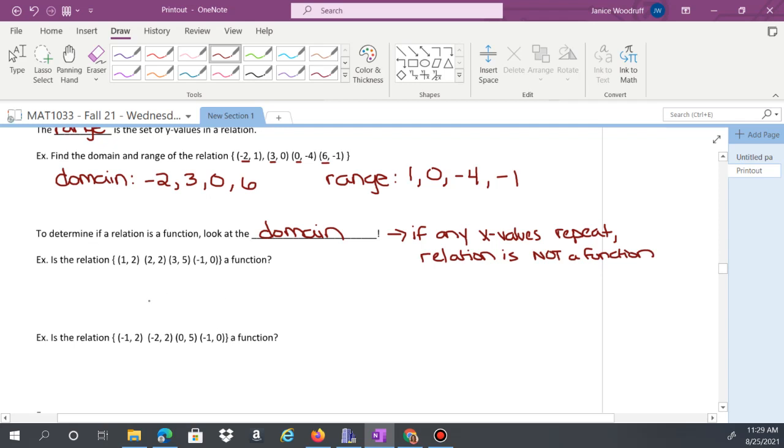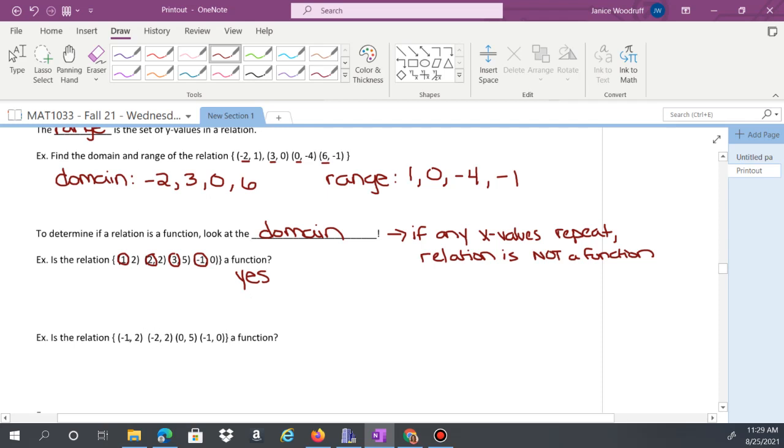So if I look at my two examples here, in my first one, I'm going to look at my x values, and I have 1, 2, 3, and -1. They are all different, so here I can say that yes, this is a function. If they're all different, the relation is a function.